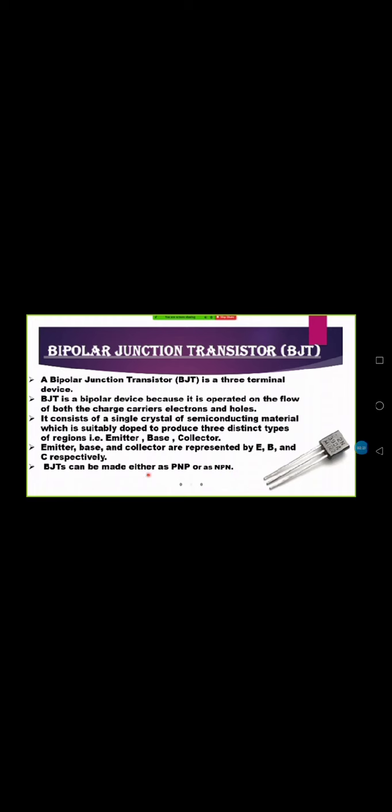In a PNP BJT, the emitter is positive, the base is negative and the collector is positive. In an NPN transistor, the emitter is negative, the base is positive and the collector is negative.